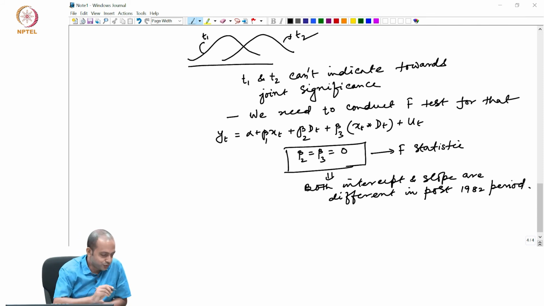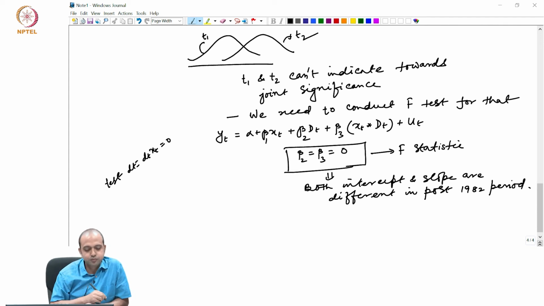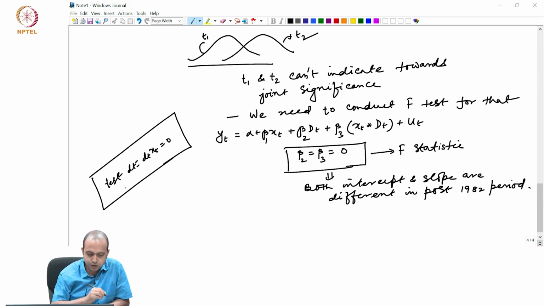Now, as we said, there is a specific command in Stata: you put test, then dt, space, dt xt equals 0. This is the test command in Stata.